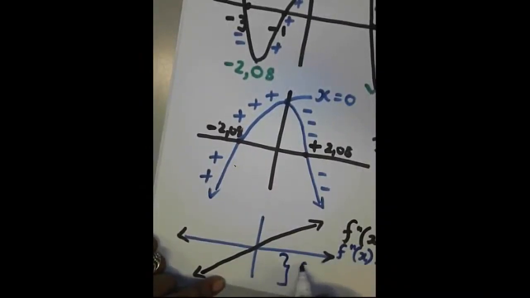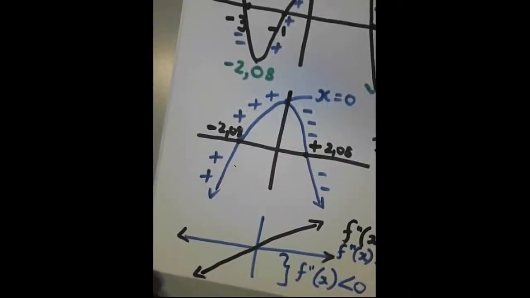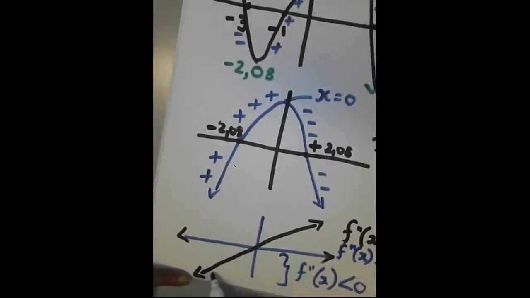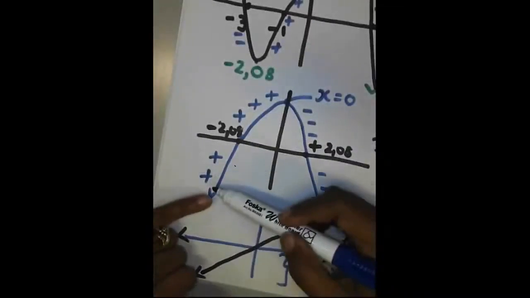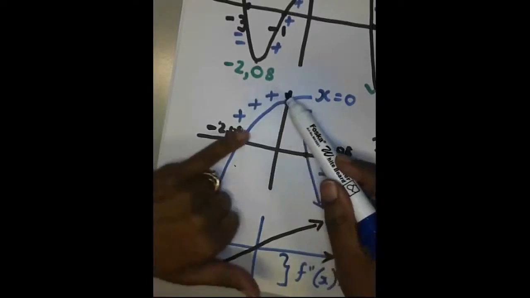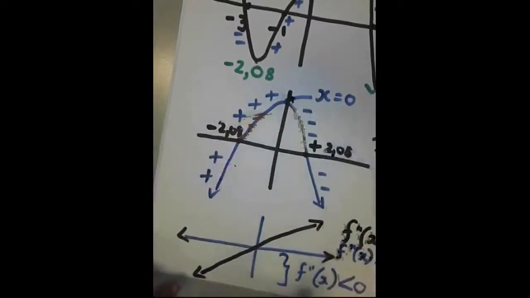Below the x-axis, this thing is negative. So, where is it an increasing function? What's happening to it? It's first positive and then negative. So, what does that mean? It first is concave up, then concave down. And this is the solution to this particular question.